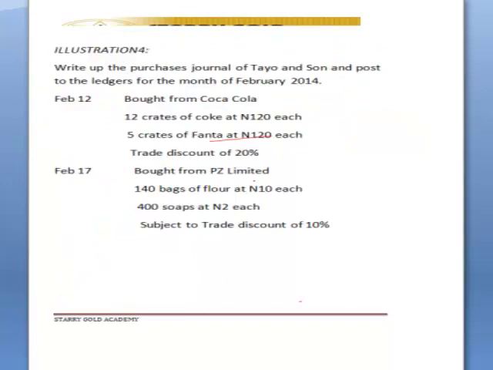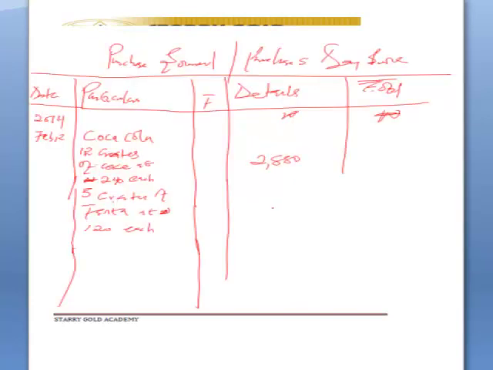That will give us a total sum of 5 times 120, that is 600. When we sum up, it will give us a total of 3,480.